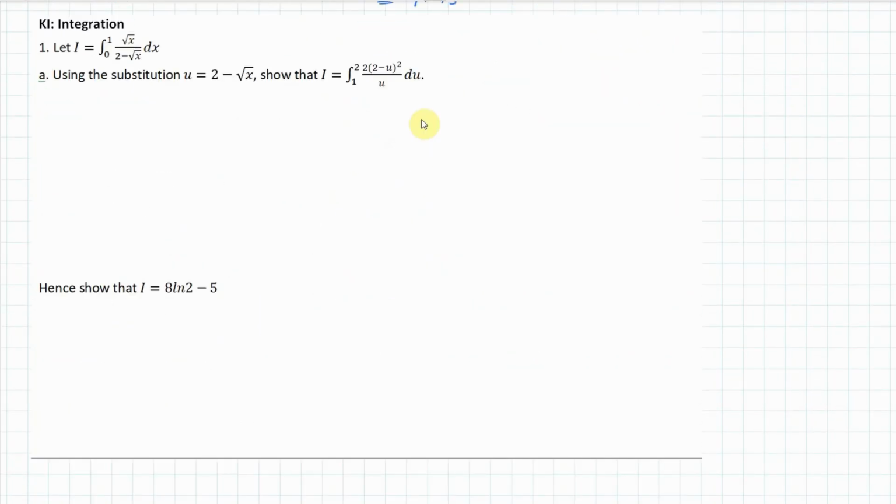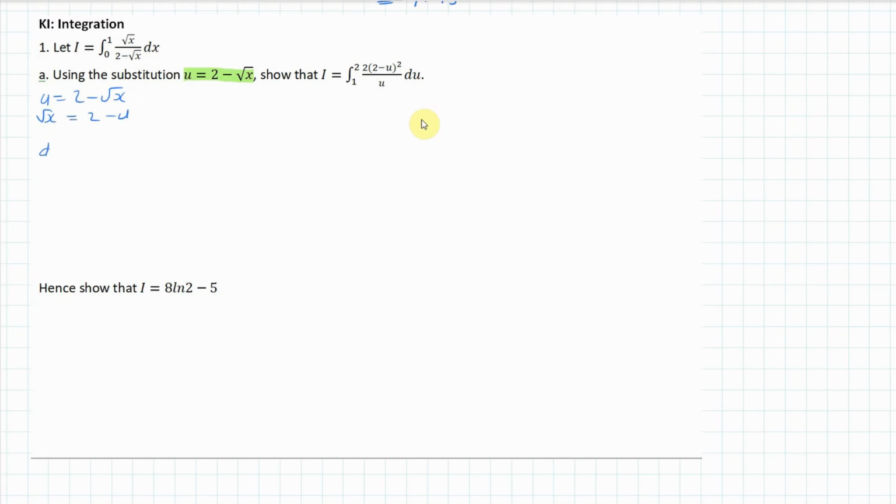Okay, so this integration one that we're working on now, we're using a substitution. This is our substitution, and that's hopefully going to allow us to go from this somehow to this. Okay, so let's work through this step by step. I can say if u is equal to 2 minus square root x, I can say that square root x is equal to 2 minus u.